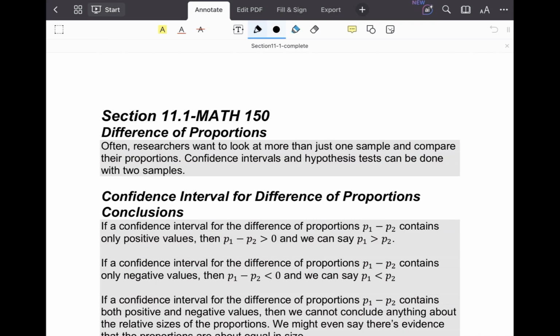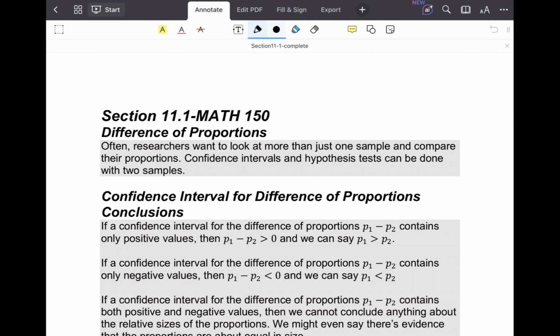Chapter 11 is all about the difference of population parameters, and we're going to look at three different situations with differences. First, we're going to look at difference of proportions, then we'll look at difference of means, and there are two different cases in difference of means, either unpaired means or paired means.